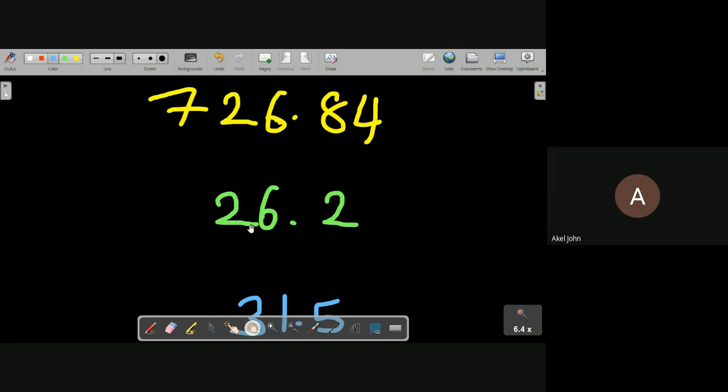Pause the video and attempt these. All right. So 726.8400 to the nearest whole number: we locate the decimal point, which is after the 6.